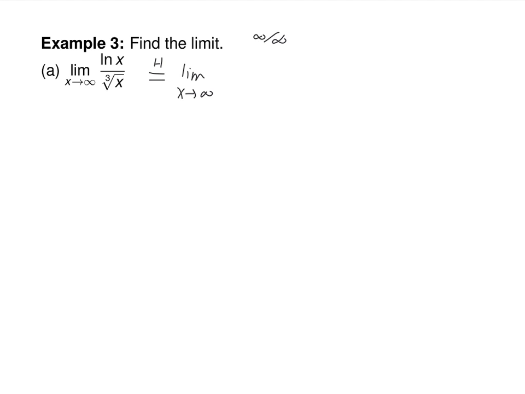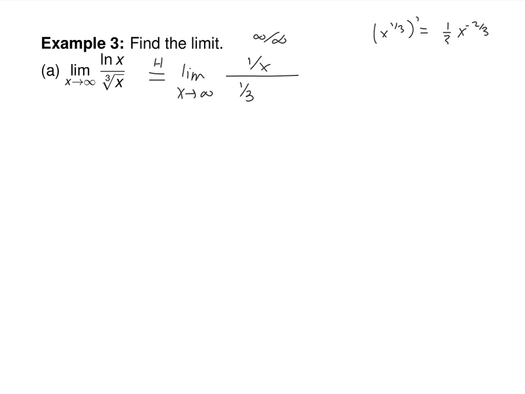All right, what's the derivative of ln of x? And what's the derivative of x to the 1/3? 1/3 x to the negative 2/3.